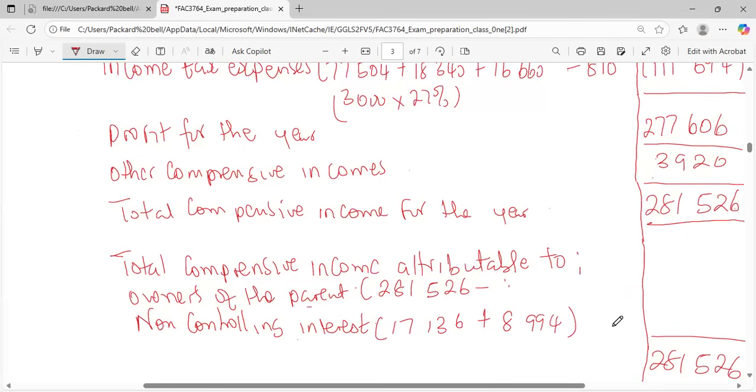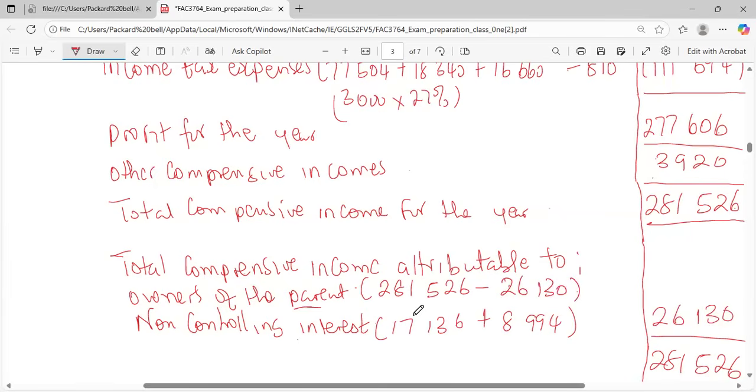So you are going to subtract 26,130. So that's what belongs to the owners of the parent.